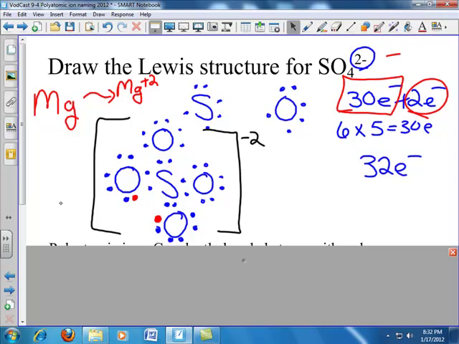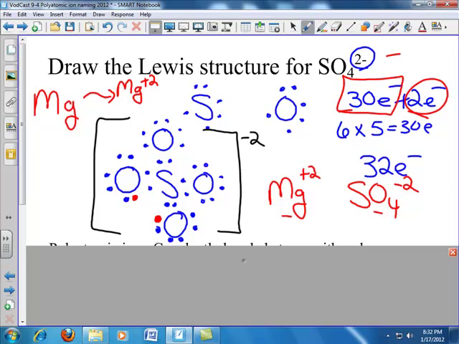And guess what? Once it gives up those 2 electrons with its +2 charge, and it has this sulfate with a -2 charge, those 2 are going to become ionically bonded to each other, because this is a metal and this is a polyatomic ion.